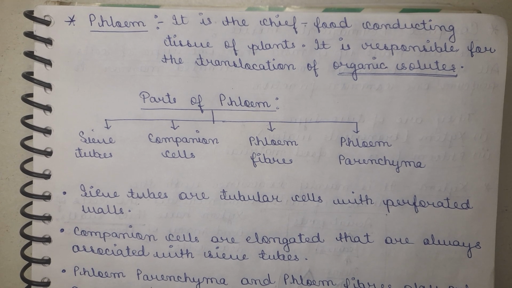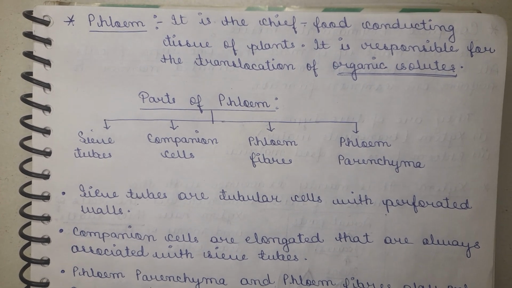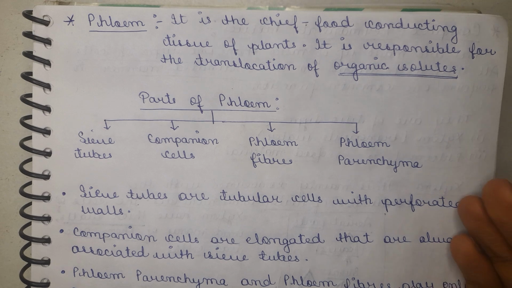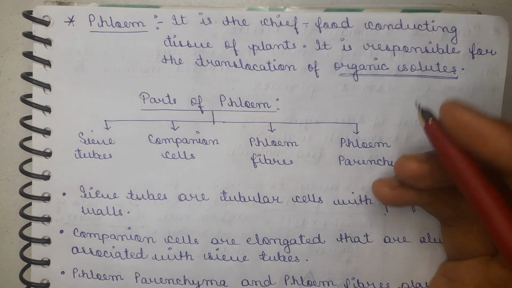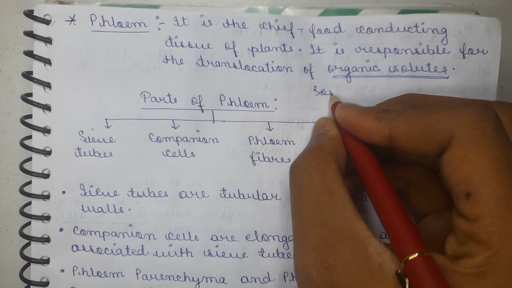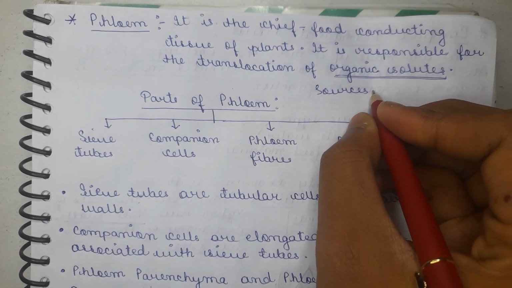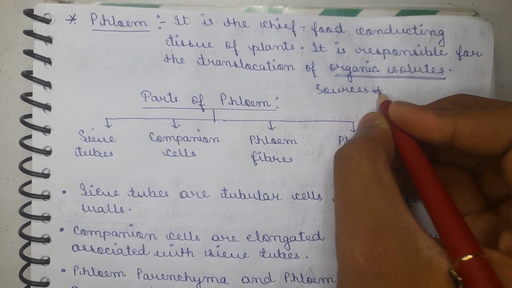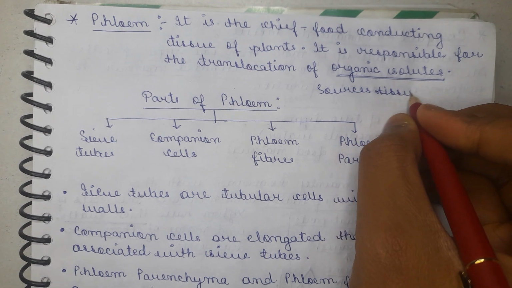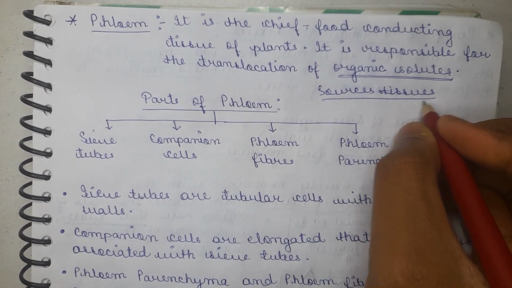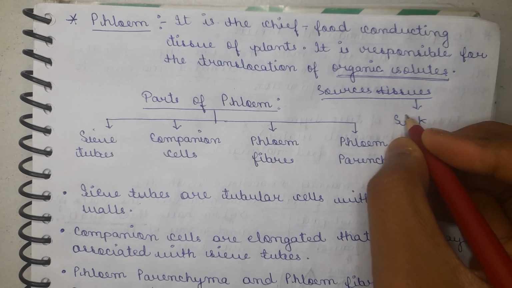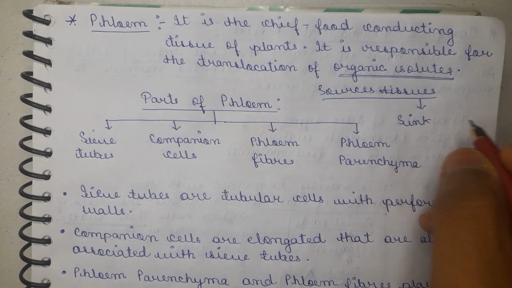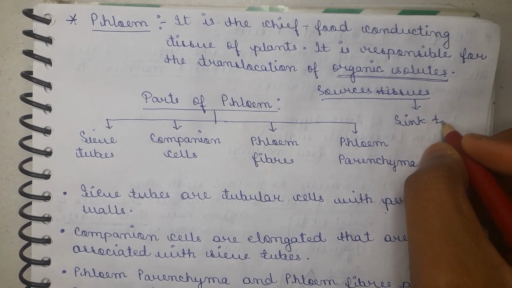And last, if we conclude the function of phloem, phloem actually moves substances from the source tissue. It transports food materials from the source tissue to the sink tissue, that means the place where they are used or stored.